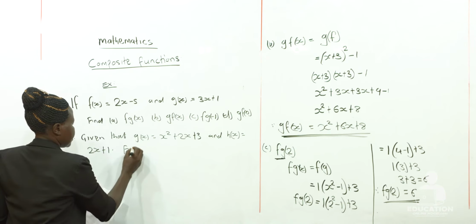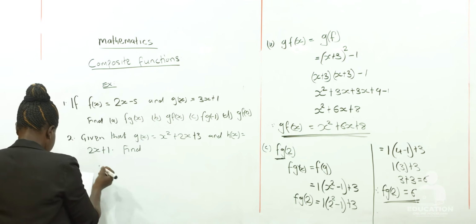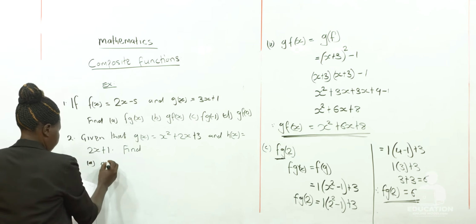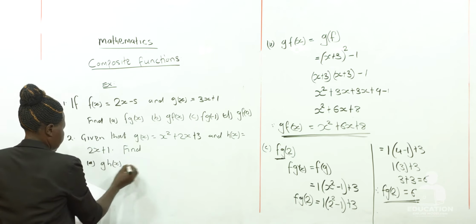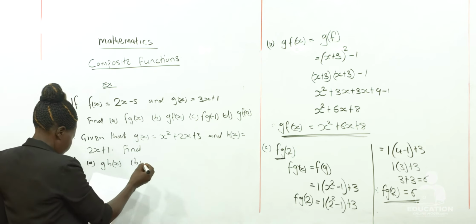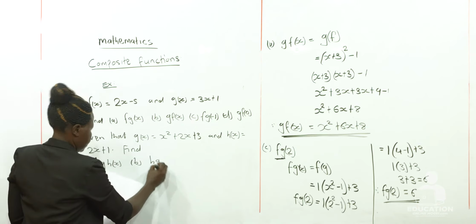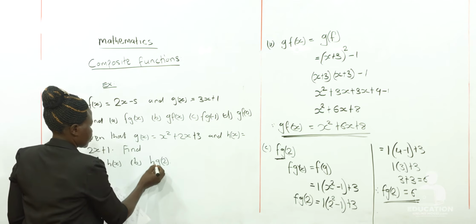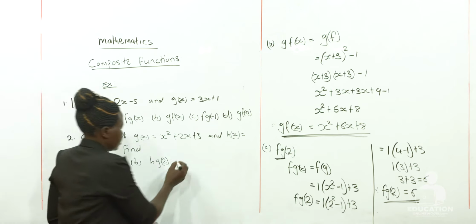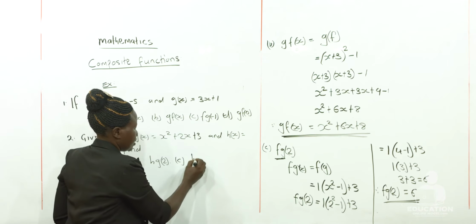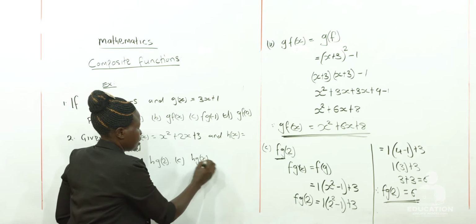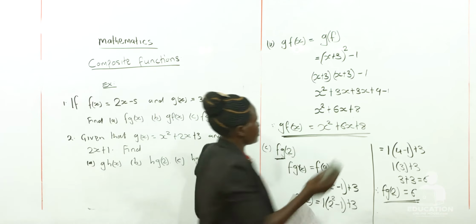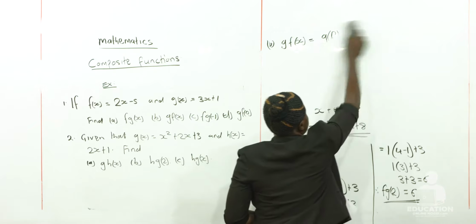Find a, gh of x. B, we have hg of 2, and then C, we have hg of x. So learners, you take those questions as your exercise. You'll do them in your free time.